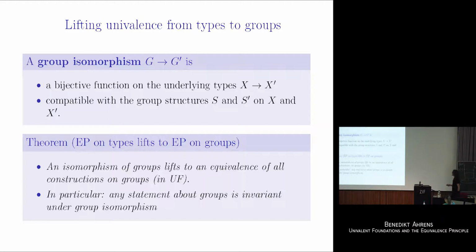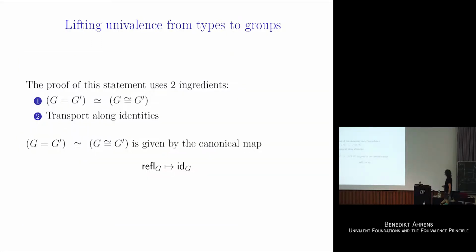If we have an isomorphism of groups, then this isomorphism lifts to an equivalence of all constructions on groups. That means, in particular, that any statement, any property of groups is invariant under group isomorphism. So in this type theory, I cannot make a statement that is not invariant under group isomorphism. So how does this work?